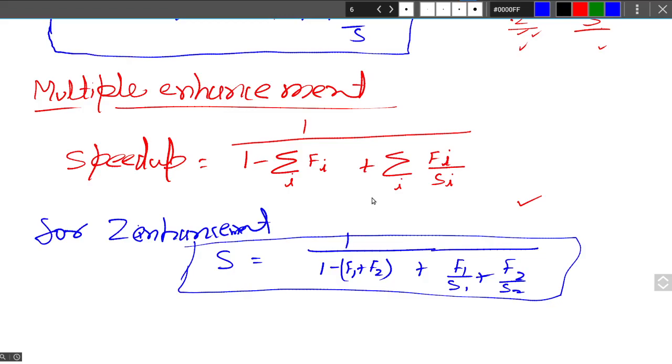Sometimes cycle time may not be given, throughput might be given, that is, the rate at which instructions are executing per unit time. Then you can also calculate the CPU time. So we will see this in the next video. For now, thank you.